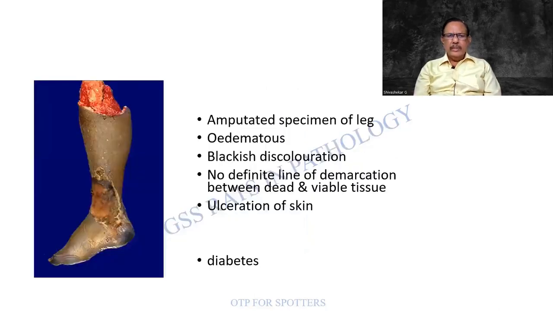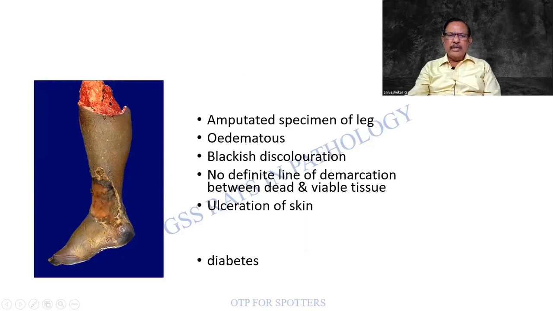Yet another specimen, this will be kept in a tall jar for identification. It is an amputated specimen. Nobody will amputate just like that. It has got a blackish discoloration. It is edematous. See the rounded borders because it is swollen. And there is a blackish discoloration because of the pigment that is being formed in it, ferruginous pigment.